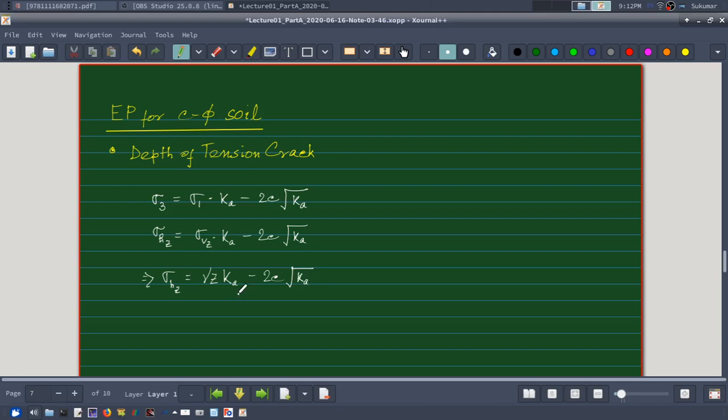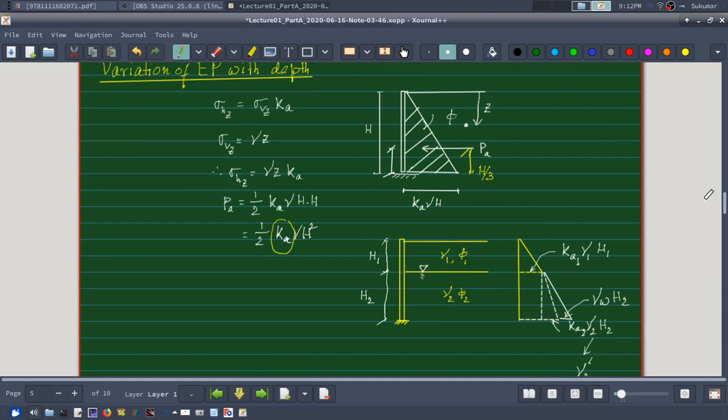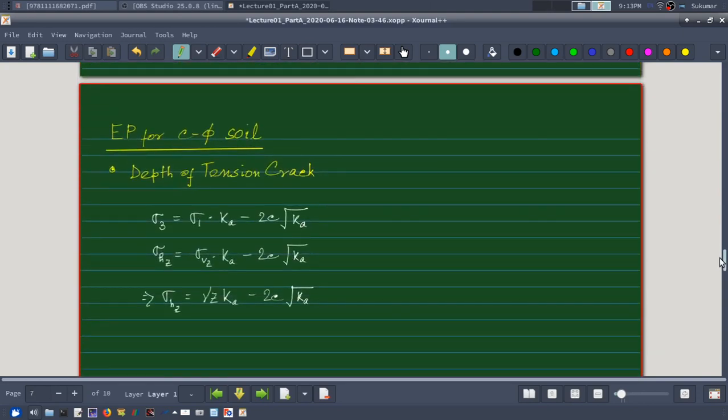It means whatever was the earth pressure in case of a non-cohesive soil, you see this portion, this equation, from here I need to subtract this value, twice C root over Ka. Therefore what the earth pressure will look like, say let me draw it here.